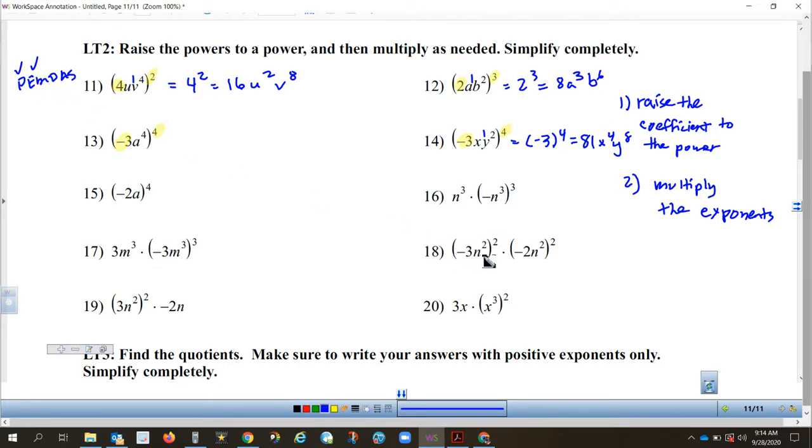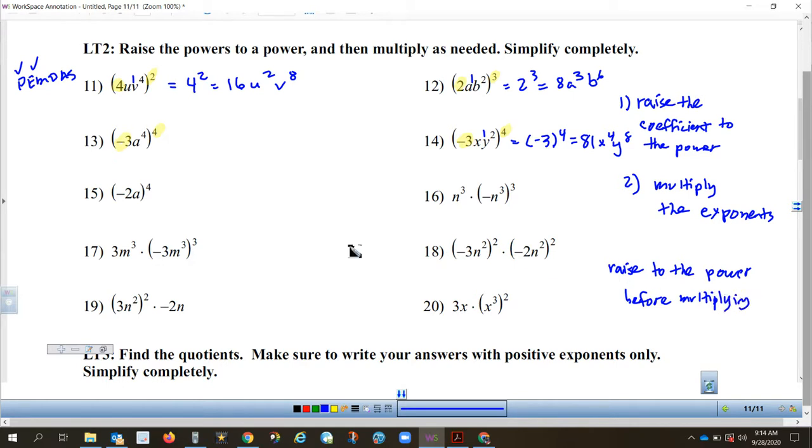So raise this to a power, raise this to a power, and then multiply. All right, raising to a power comes before multiplication. So let me write that down. Raise to the power before multiplying.